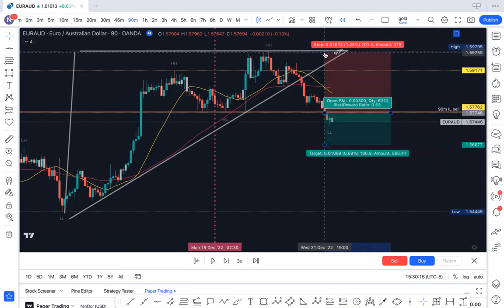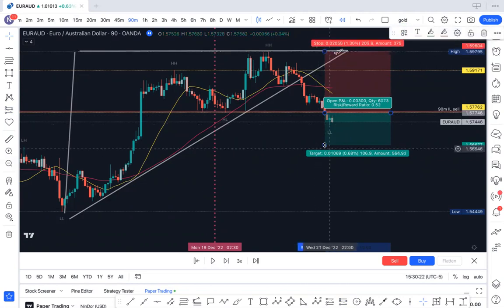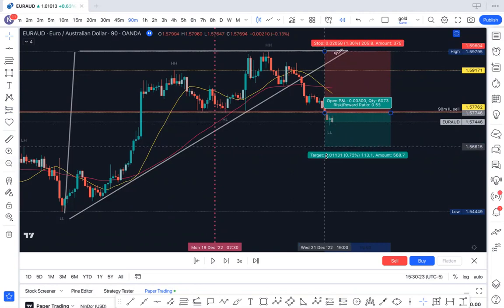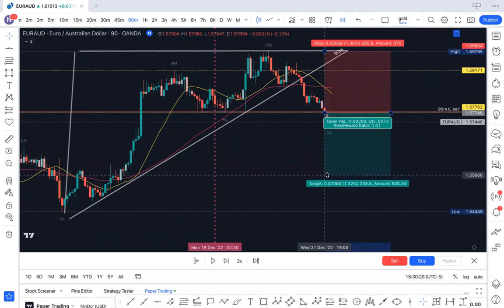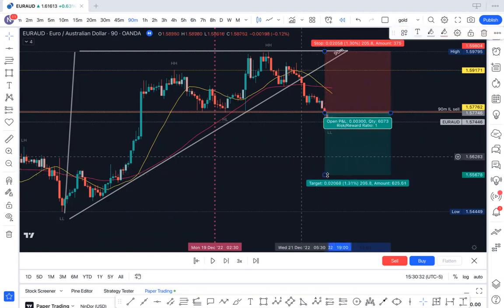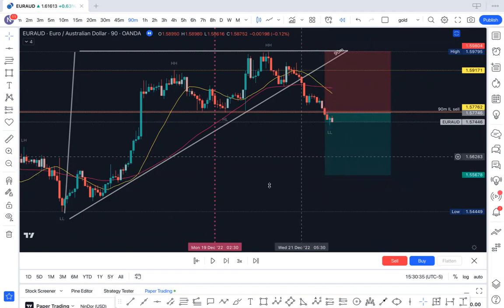You want to be sure to get it above that particular wick. And then just for this demonstration, we're going to go for the 1-to-1 at minimum, nothing less than a 1-to-1 in trading ever, ever, ever. All right. So let's see if we get our 1-to-1.